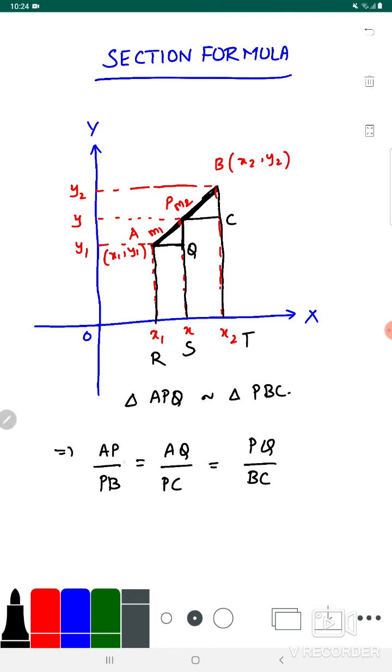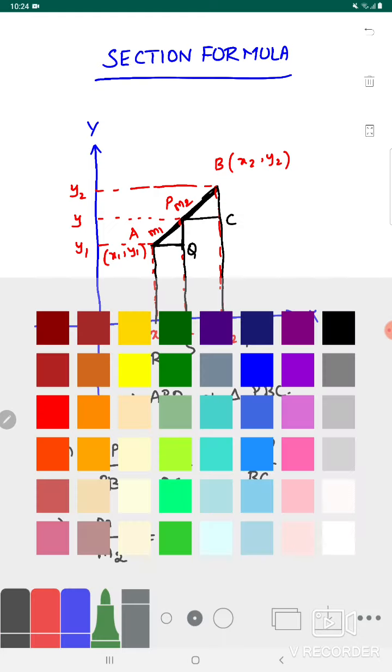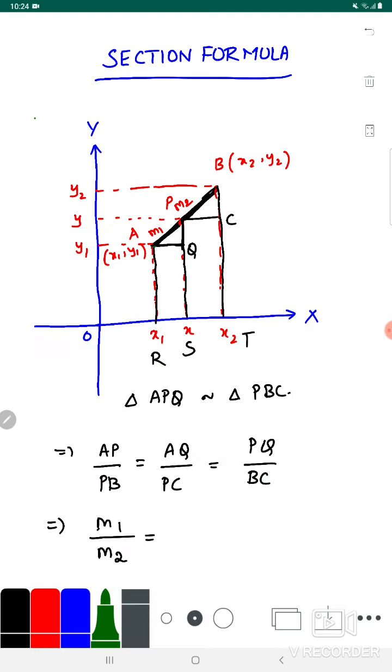Now, what is my AP? AP is given as m1, PB is given as m2, whereas this distance AQ is nothing but x minus x1 by what is PC? PC is nothing but x2 minus x, right.